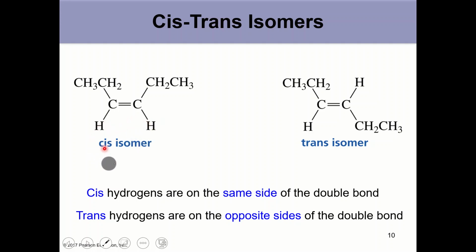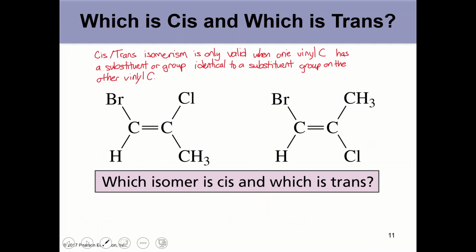This is only called a cis isomer because these two groups are the same but on different carbons. So to have cis-trans isomerism, we recognize having the same group on two different carbons and then asking, are these two identical elements on different carbons on the same side or on opposite sides?